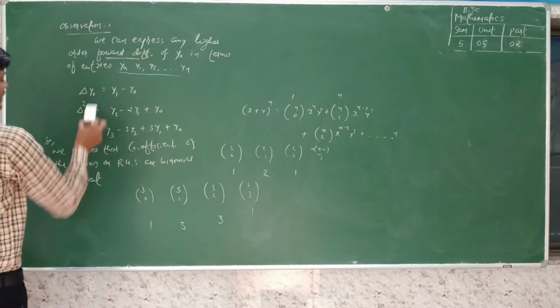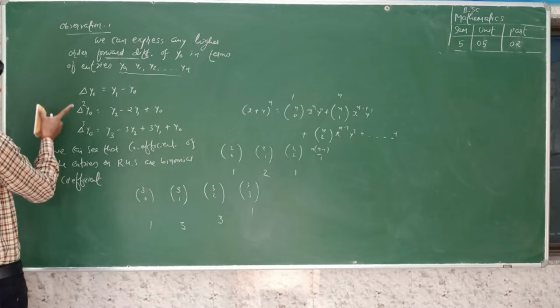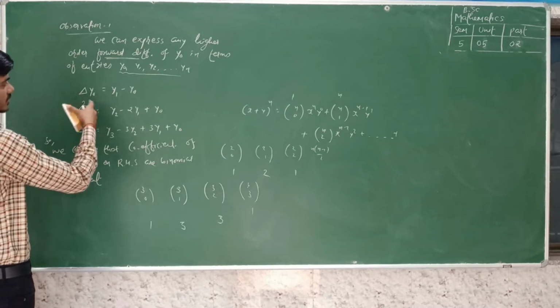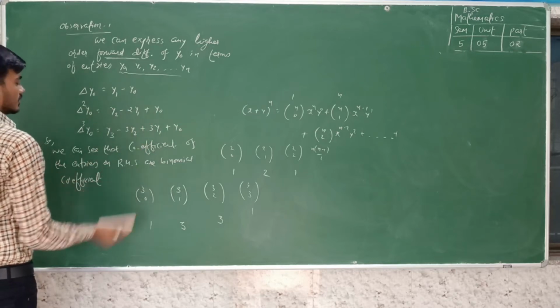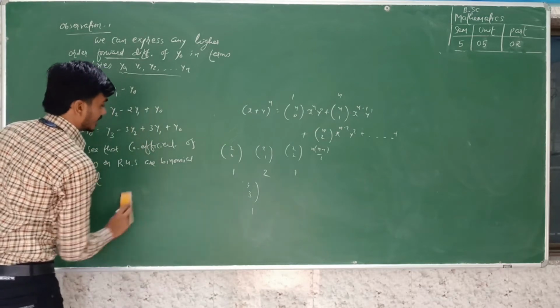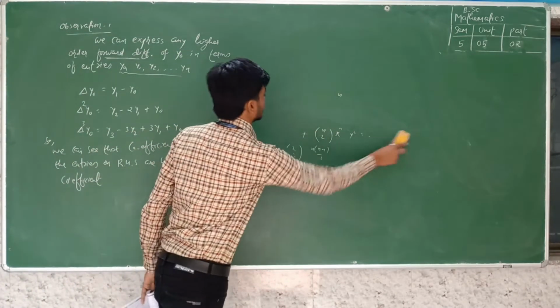So whenever we represent the first order, second order and third forward differences, we see on the right hand side that these coefficients are from the binomial theorem.